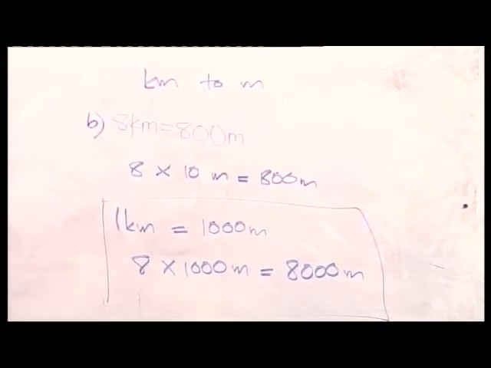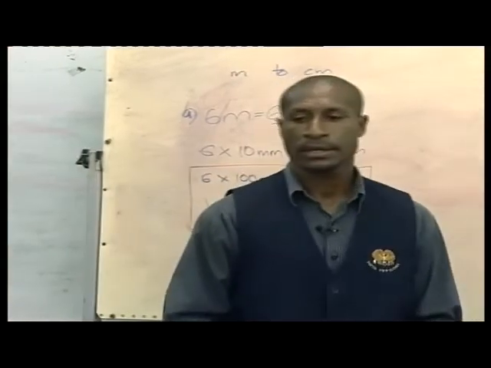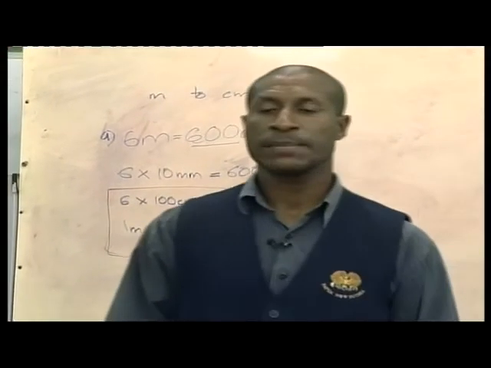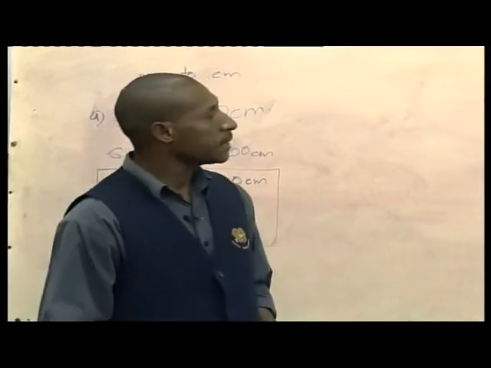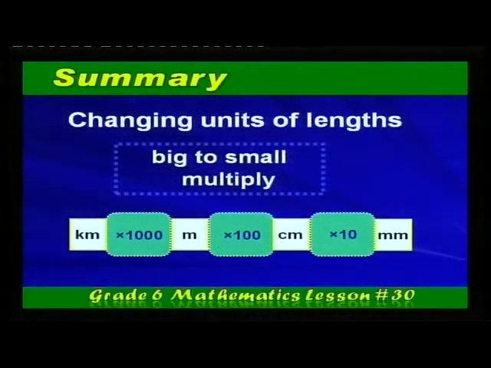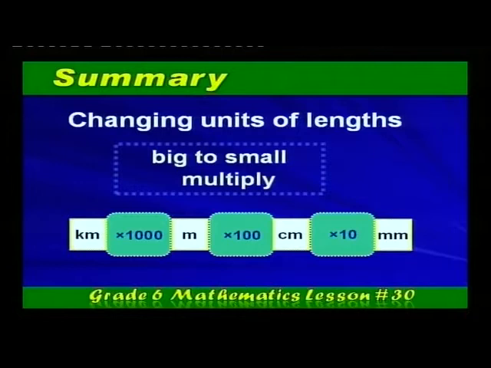Now receiving students and sixes, in our summary for the lesson for today, when we are changing units of length, that is from big to small, we multiply. For example, kilometer to meter, we multiply by 1,000.